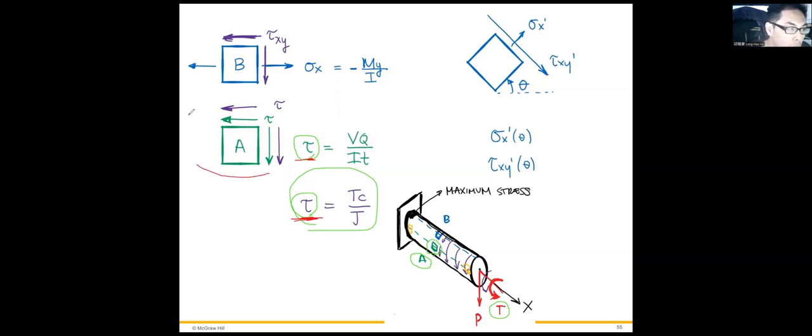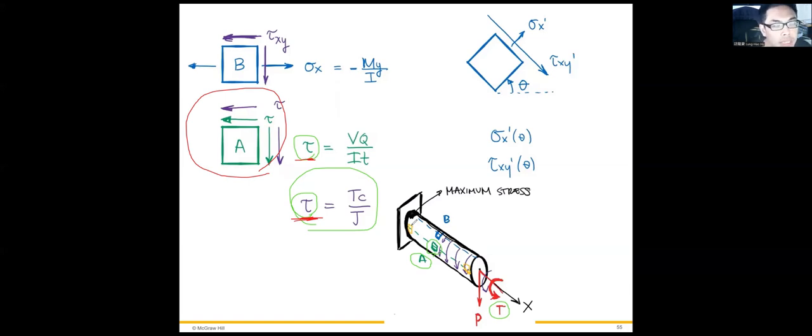So the plane stress of point A is subjected to two shear stresses. We can regard point A as located at the center of the solid rod.